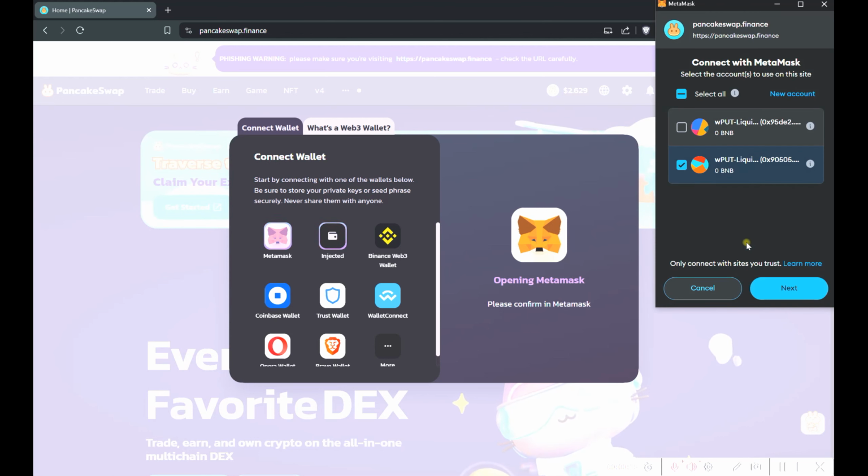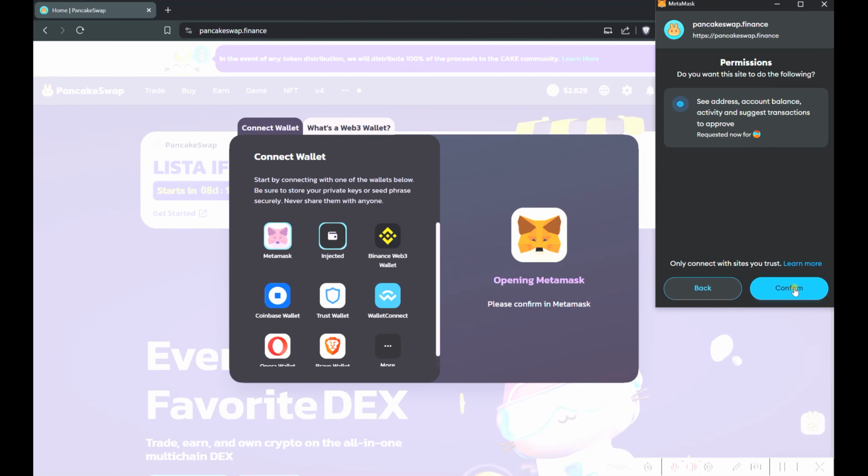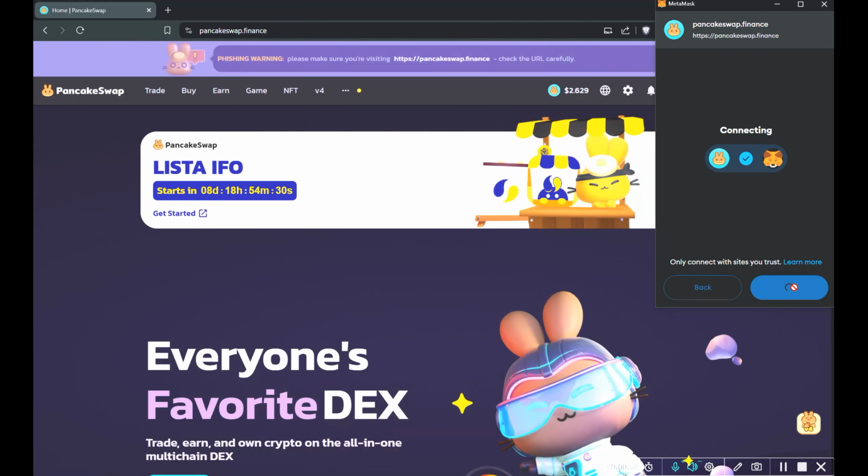And then it's asking me which address I want to connect to PancakeSwap, because I'm maintaining 2 addresses in my MetaMask. If you don't, it doesn't ask you that. I select the lower one, and then I click next, and then I confirm. And now, as you can see, my MetaMask is correctly connected to PancakeSwap, and we can proceed.